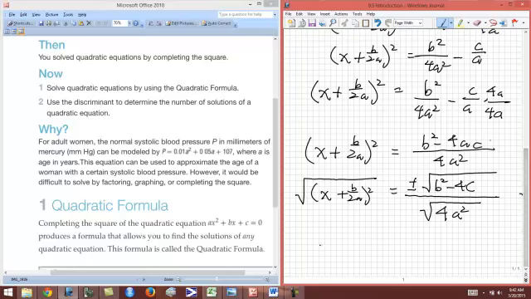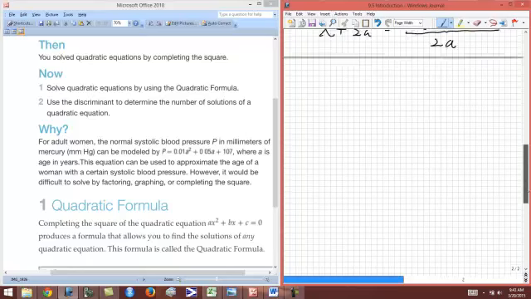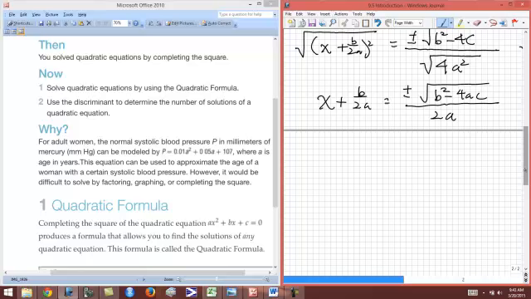So we have x plus b over 2a equals plus or minus the square root of b squared minus 4ac, all over 2a. New page. Okay, we're going to subtract b over 2a because we want x all by itself.